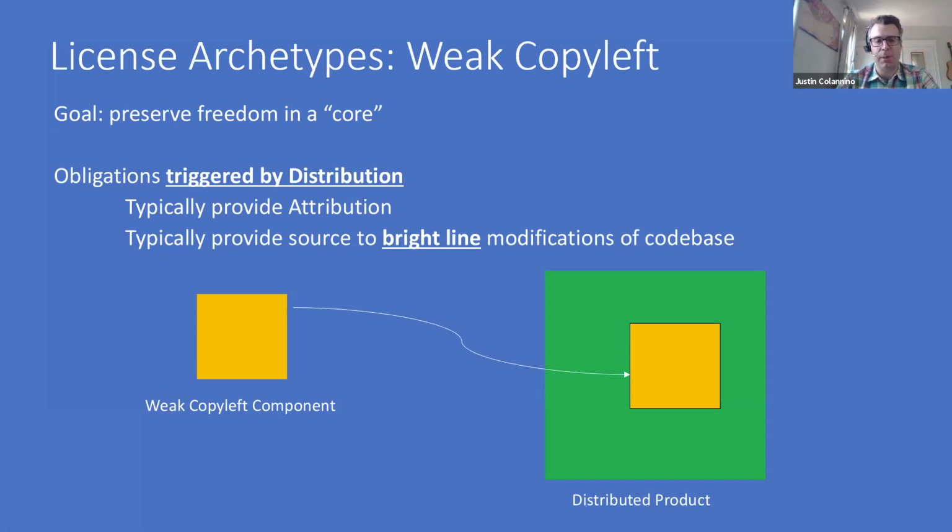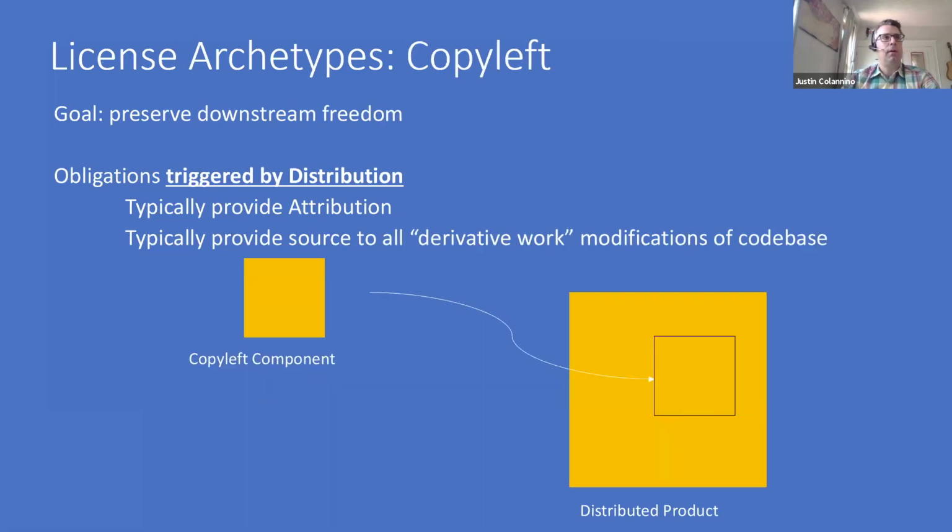That bright line is typically that you link against the library, or sometimes it's at the source file level, but it's a very clear line. The takeaway for weak copyleft is that when you include that component in your product, you know exactly the code you need to produce. It is the code for the library that you're using, so that others can benefit from that library and any improvements you've made to it.